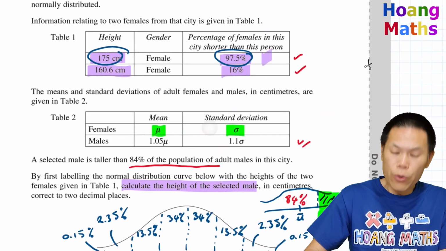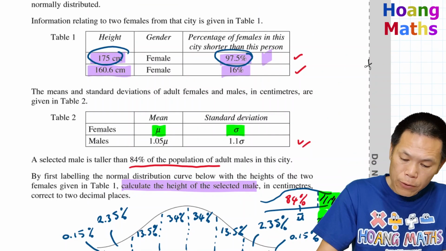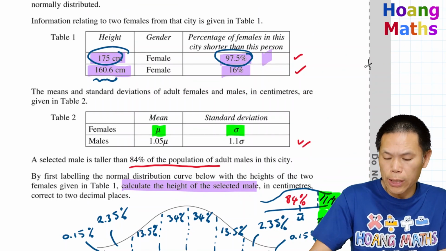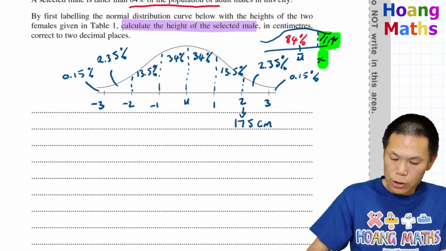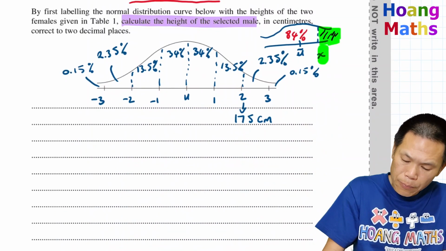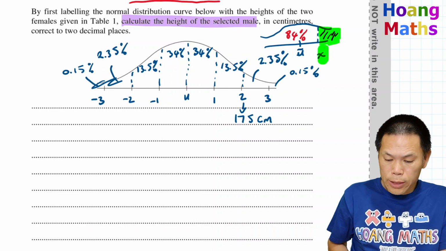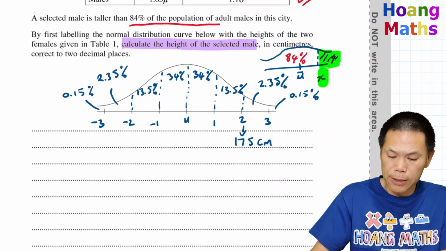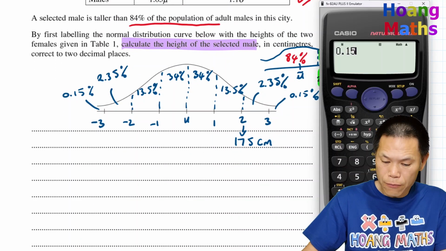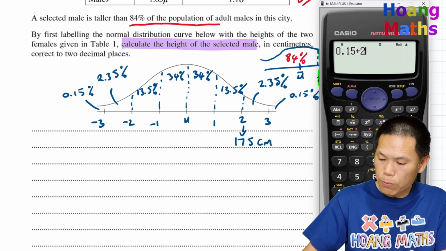And then we know that shorter than 160.6 centimeters is 16%. So shorter, that means this region here somewhere, okay? So what we do, we just add them up to 16%. 0.15, we add 2.35, we add 13.5.